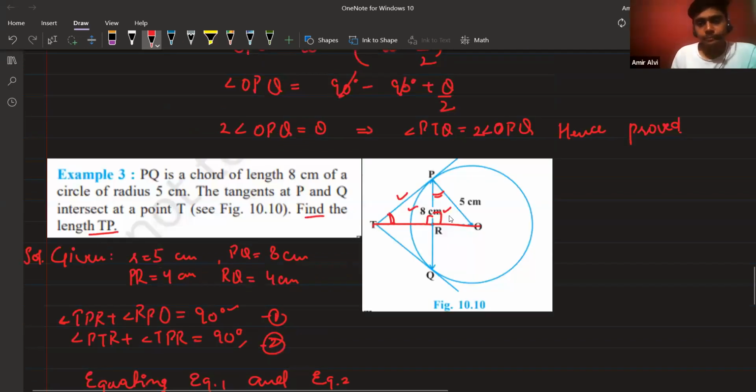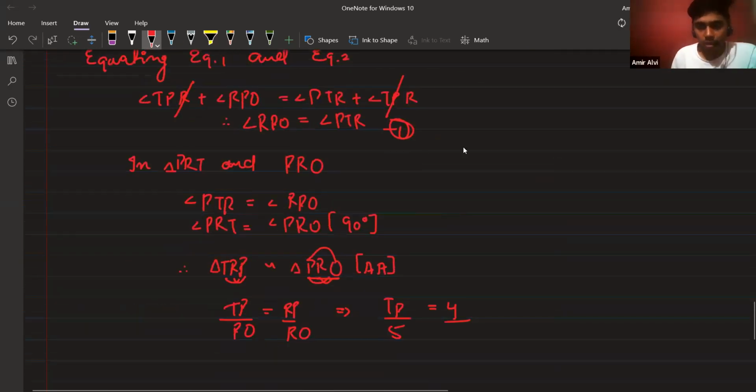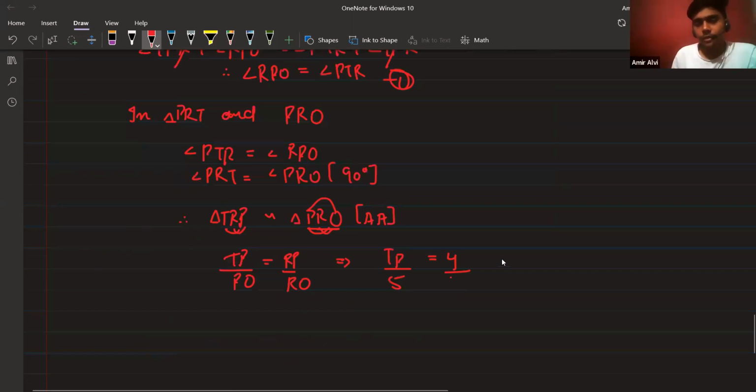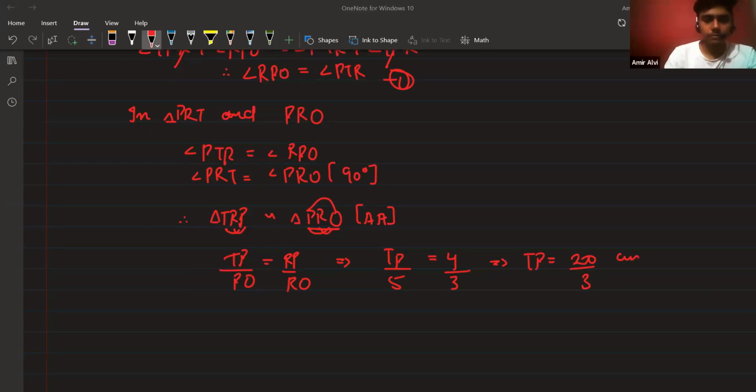And RO, we can use Pythagoras. If it's 4 and 5, it would be 3. So TP is equal to 20 by 3 centimeter. Clear, everybody? Yes, sir.